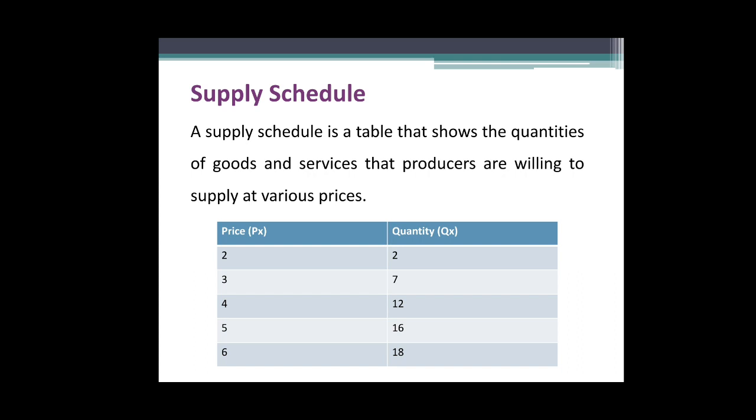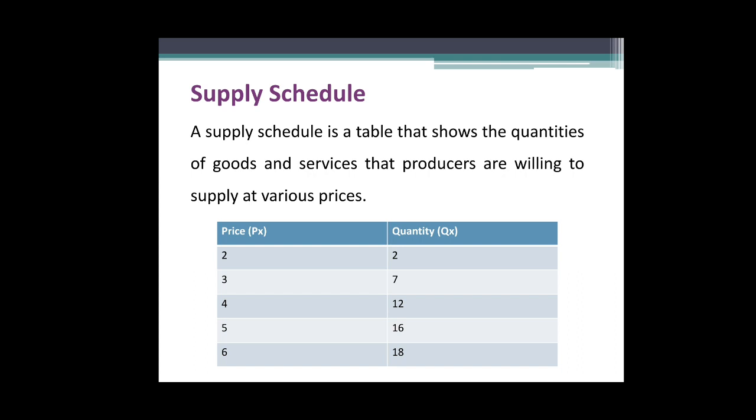The table given here is a supply schedule of commodity X. From this table we see that when the price of commodity X is rupees 2, 2 units of commodity X are supplied by the producer.